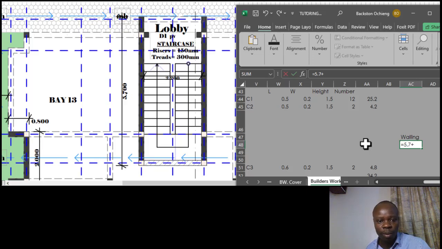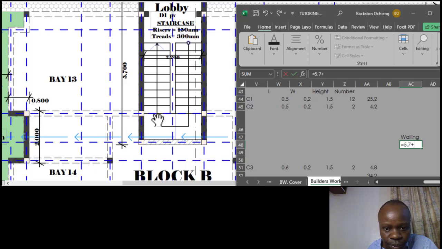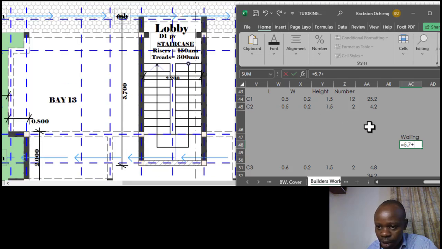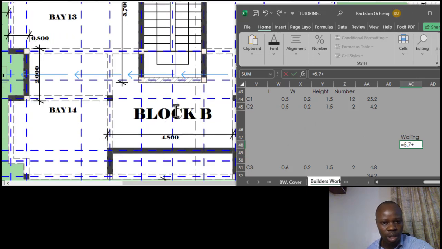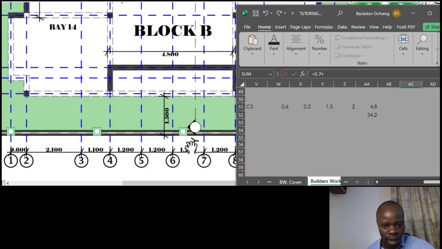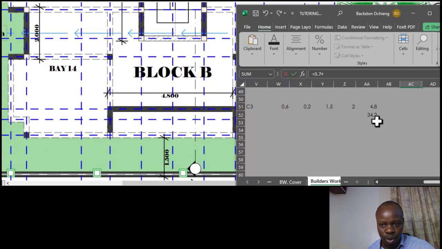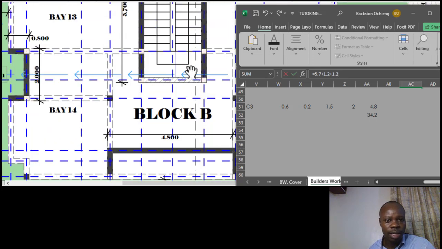So from the 5.7 we are supposed to subtract, or rather we can just take it as it is, then we'll subtract the corners at the end of the day. The other side is 1200 from the centers, so we need to add 1.2 plus 1.2, and of course the wall is 200 millimeters thick, therefore we'll add the 2 faces to the outside. So that is one option.